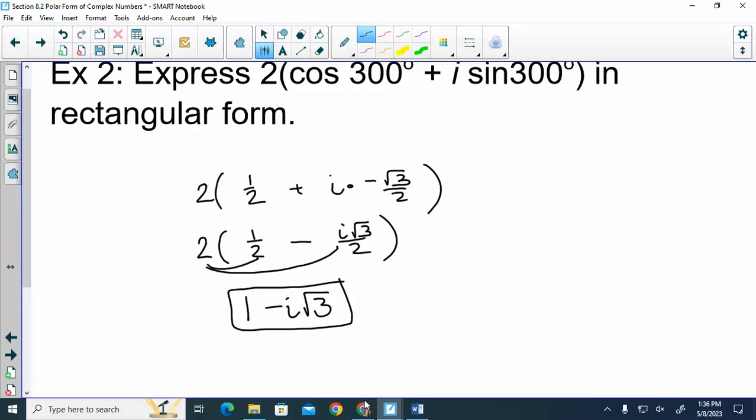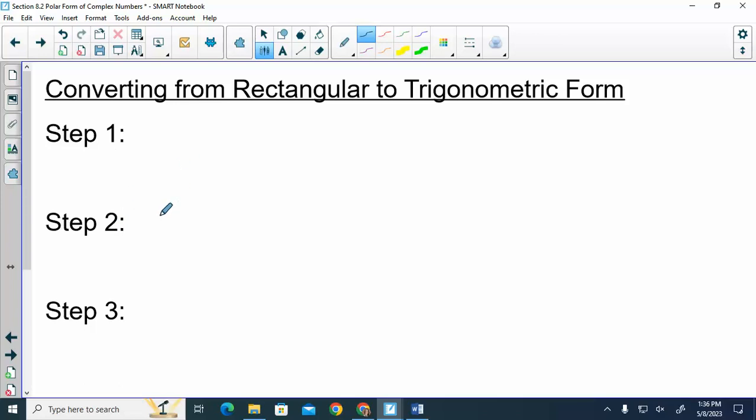Going backwards, there is a couple more steps that we need to look at. So if I start with something like 1 minus i radical 3, how do we get back to the sines and cosines? So there's really 3 steps that we have to do. The first one, I'm going to tell you to graph x plus yi. The purpose of that graph is really just to determine our quadrant, so that we will take the correct reference angle.